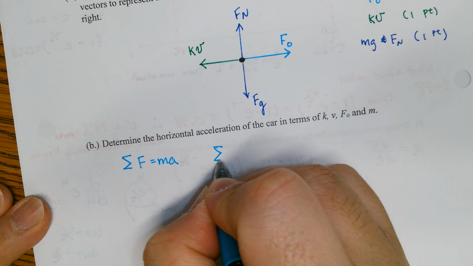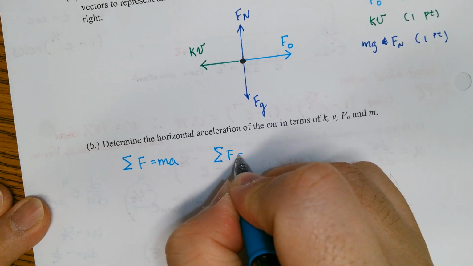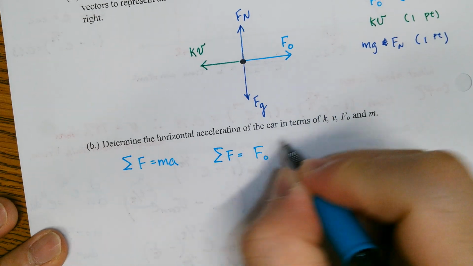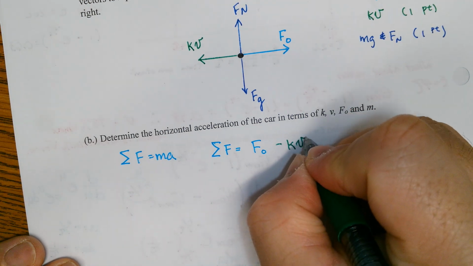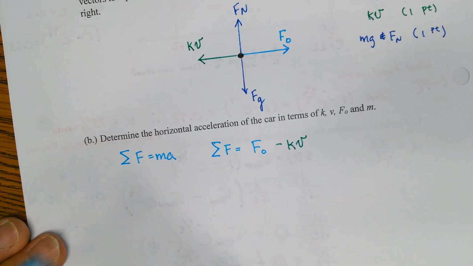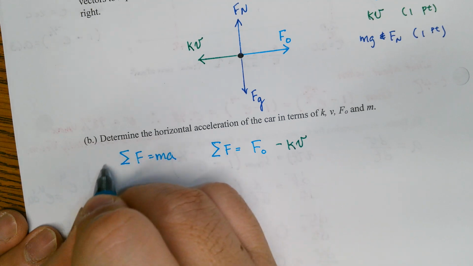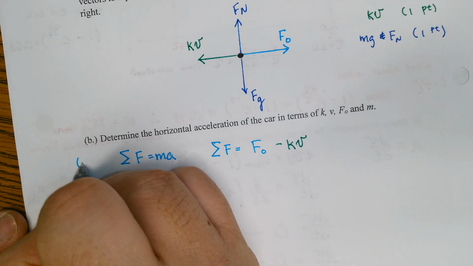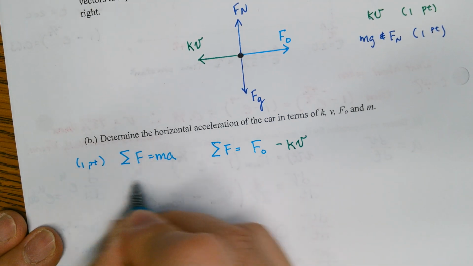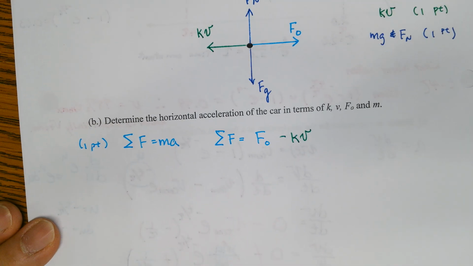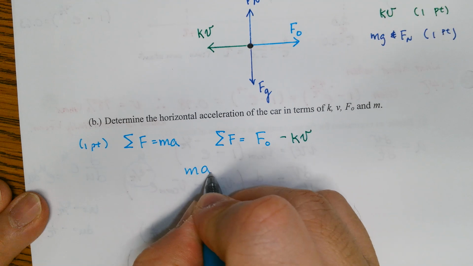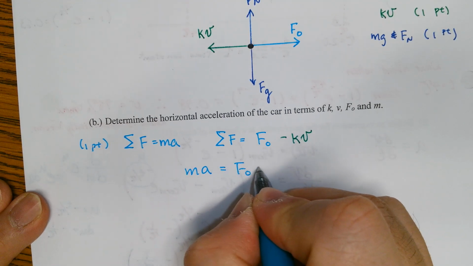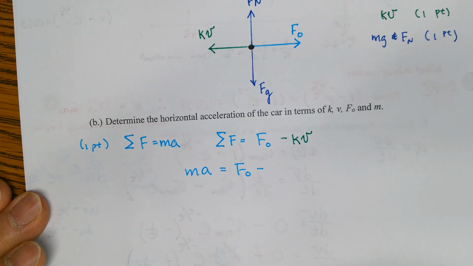And the sum of all forces is basically F naught minus kV, right? Just having this is worth 1 point, F equals ma. Then when you set these two equal to each other, ma is equal to F naught minus kV, right?